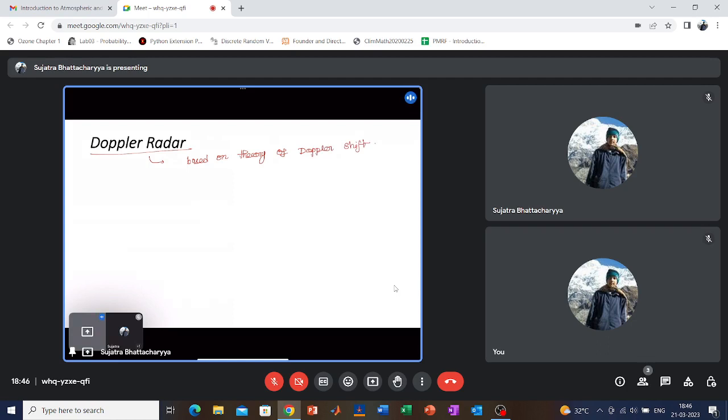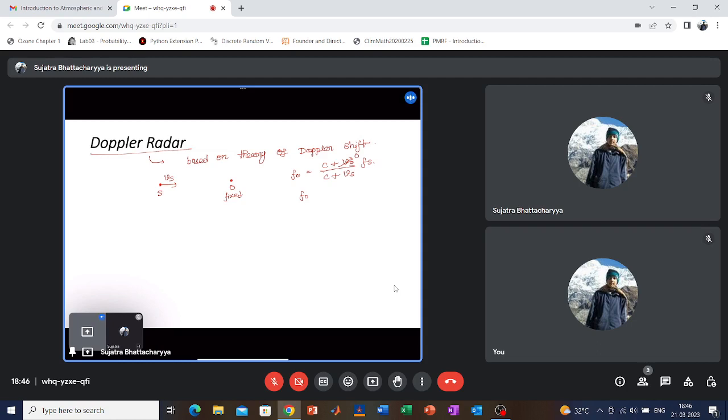Now what is this Doppler shift? This Doppler effect is simple. Suppose this is a source and this is an observer. So f of observer is nothing but c plus v of observer divided by c plus vs, into fs. Now suppose the observer is fixed, therefore this will be 0. Now vs, if the source is moving towards the observer, then what will happen? The frequency which the observer will get should be high.